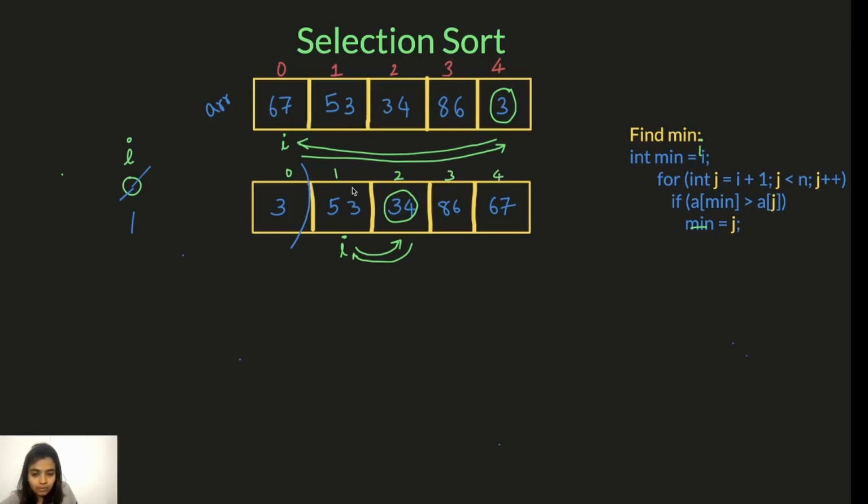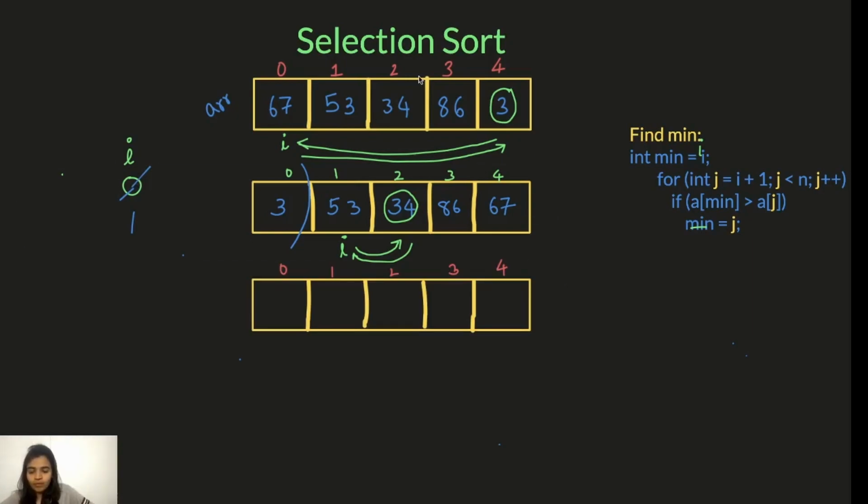Ith index is 1, so you just swap 1 and 2. Okay, now I'll show you how the array becomes. So 34 will come over here and 53 will come here. This part of the array is already sorted, and same with 67. Now since I is 1, these two elements of the array are sorted already, because of these two iterations.